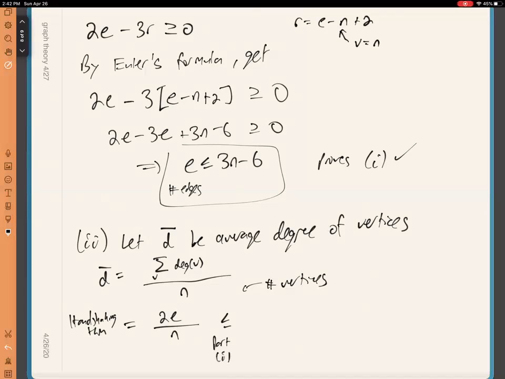I know that e is less than or equal to 3n minus 6, so 2e is less than or equal to twice that. And so the average degree has to be less than or equal to 6n minus 12 over n, which I can simplify to 6 minus 12 over n.